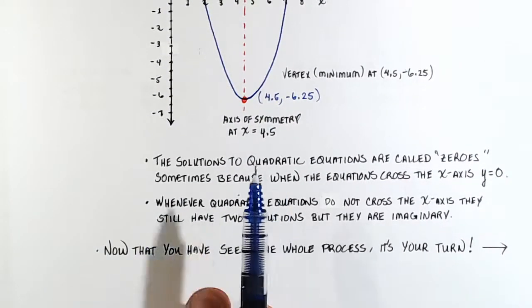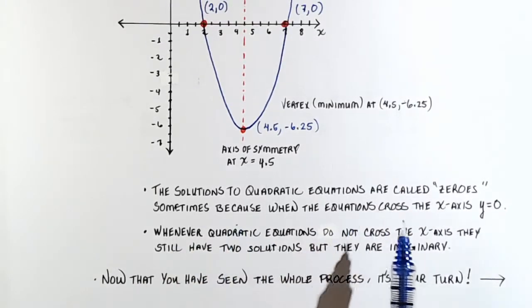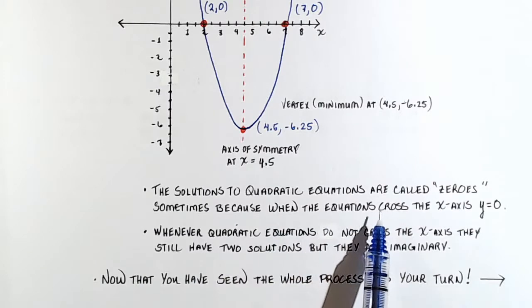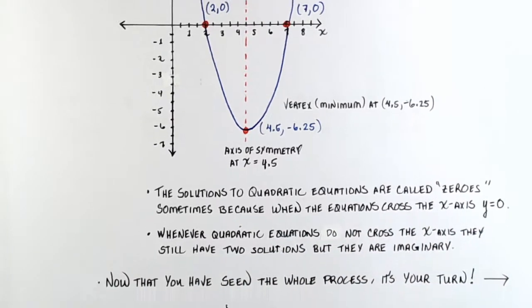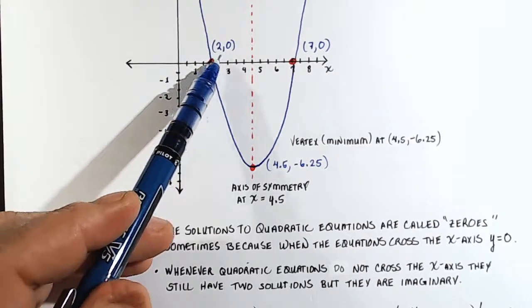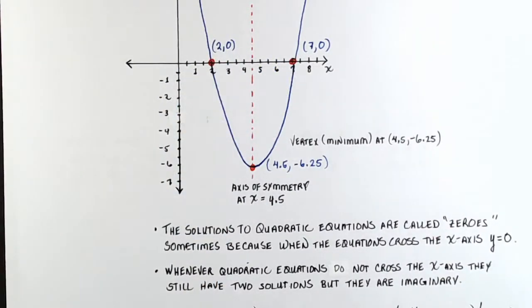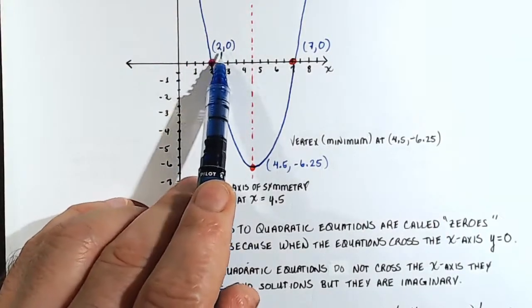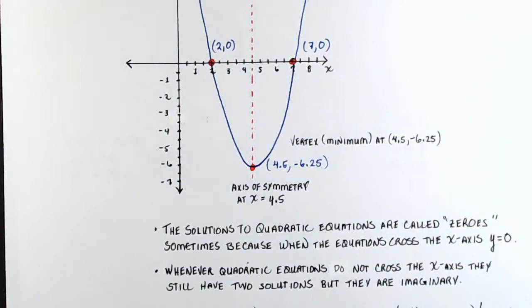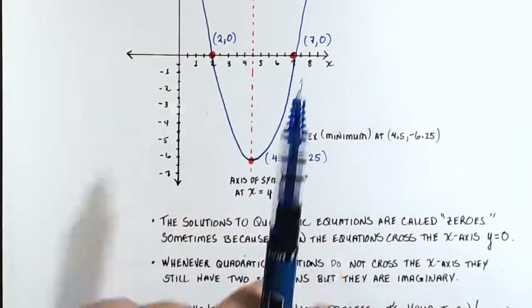The solutions to quadratic equations are sometimes called zeros because when the equation crosses the x-axis, y is 0. So any number I plot on this x-axis, the y value will be 0. Our solutions here are plotted at (2, 0) and (7, 0). That's why these are sometimes called zeros.